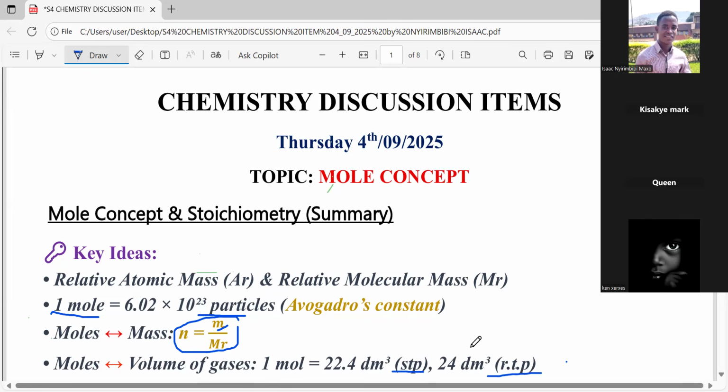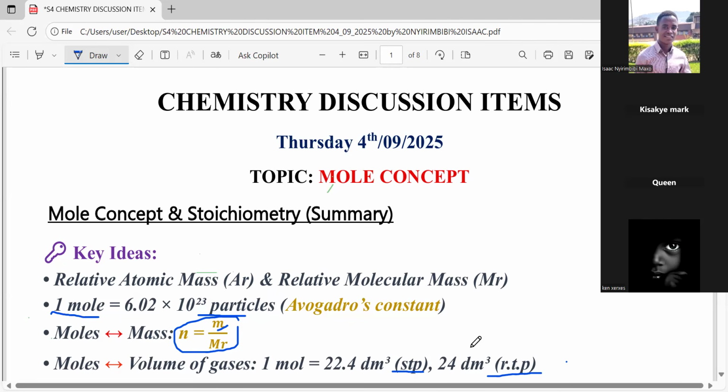Then, if you want to know the value of 1 mole of a gas at STP maybe in cubic centimeters or in liters, what we need to do is just the conversions. We can convert decimeter cubed to cubic centimeters, or we convert the cubic centimeters to liters. So what we need to do is just learn the different conversions from one unit to another.